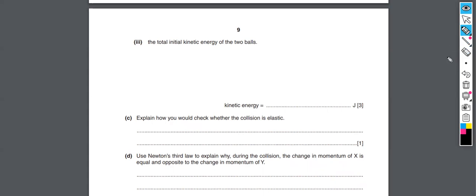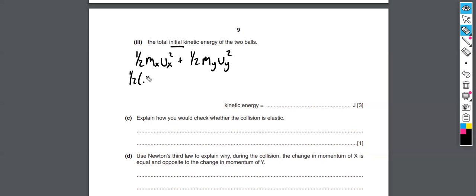Kinetic energy is 1/2 mv squared. Here we just have to trust our definitions: 1/2 mass of x, initial velocity x squared, plus 1/2 mass y, initial velocity y squared. We're just summing the initial kinetic energies of those objects to get the total initial kinetic energy.